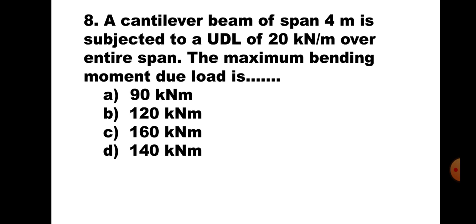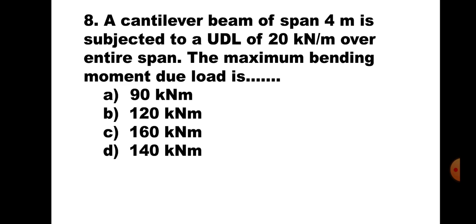Question number 8. A cantilever beam of span 4 meter is subjected to a UDL of 20 kilonewton per meter over the entire span. The maximum bending moment due to load is A. 90 kilonewton meter, B. 120 kilonewton meter, C. 160 kilonewton meter, and D. 140 kilonewton meter.